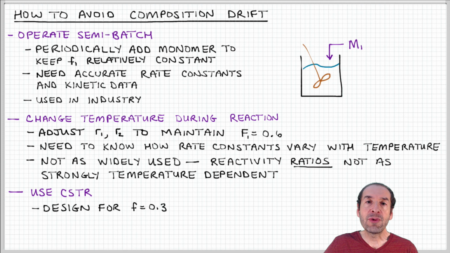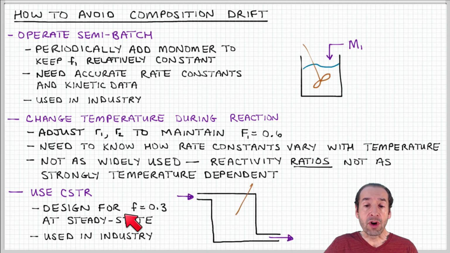A third way to avoid composition drift is to use a continuous flow reactor, or more precisely, a continuous stirred tank reactor, or CSTR. So this is like, imagine a batch reactor where you continually introduce new feed and remove products, and you have mixing involved so that you can maintain, in this way, a relatively constant composition of reagents or components inside the reactor.